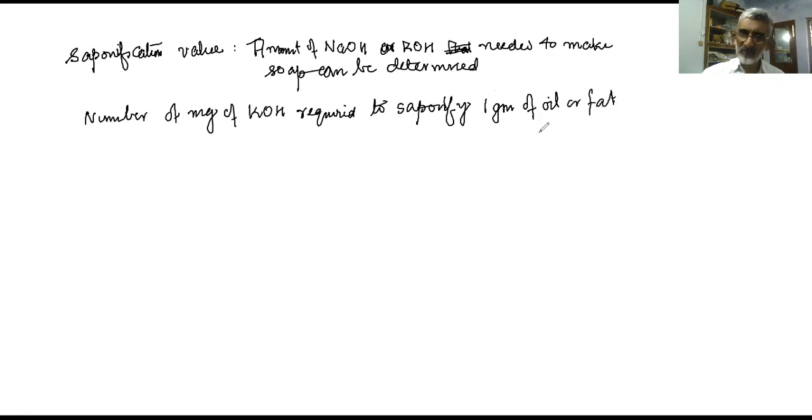So this is what is meant by saponification value: the number of milligrams of potassium hydroxide needed to saponify 1 gram of an oil or fat.